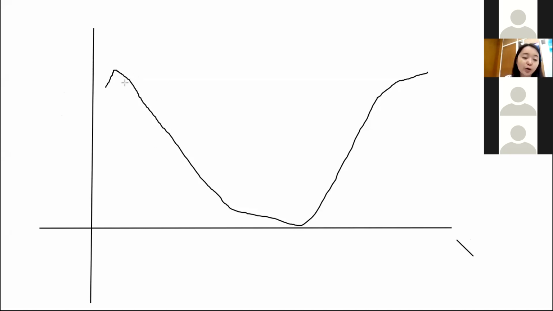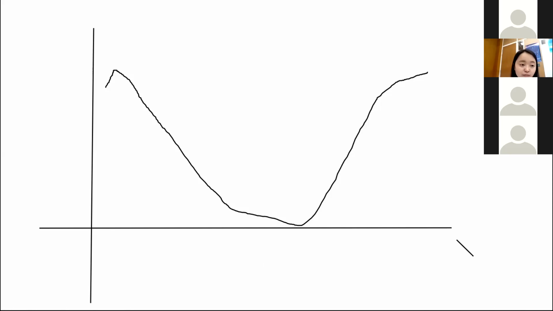That is, we want to go from here to the lowest point. So that is our aim.